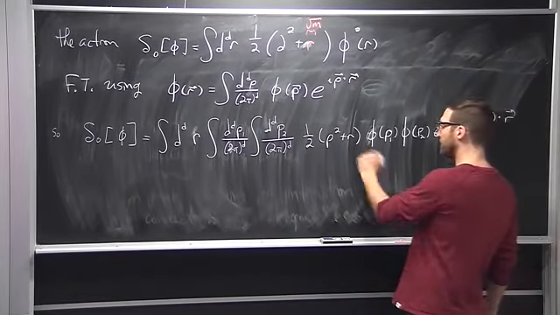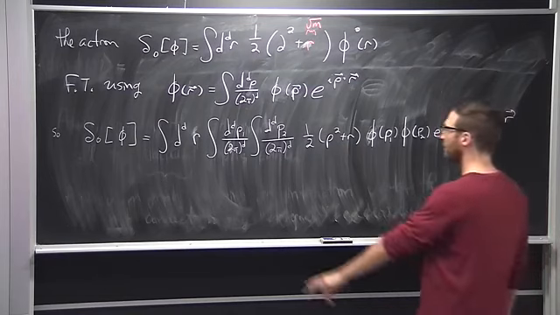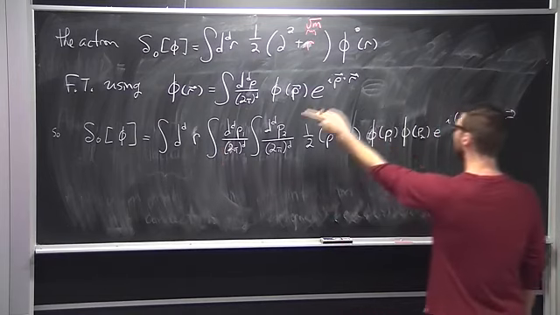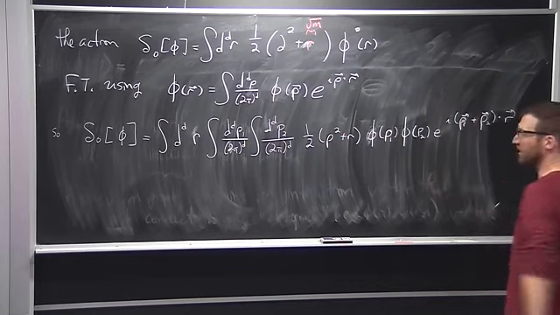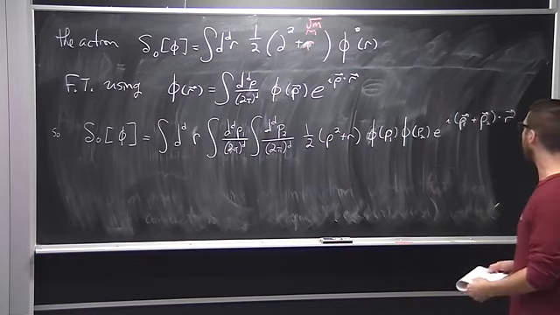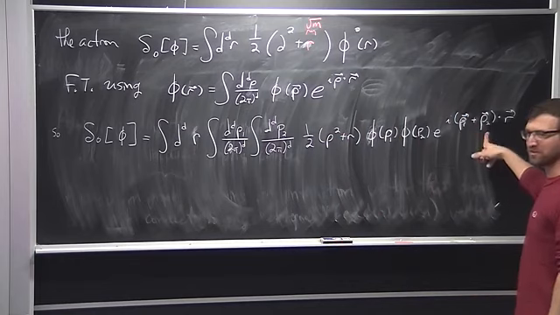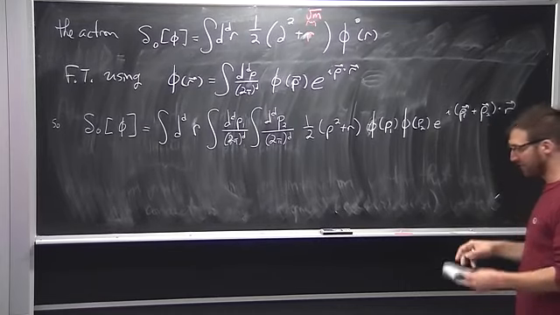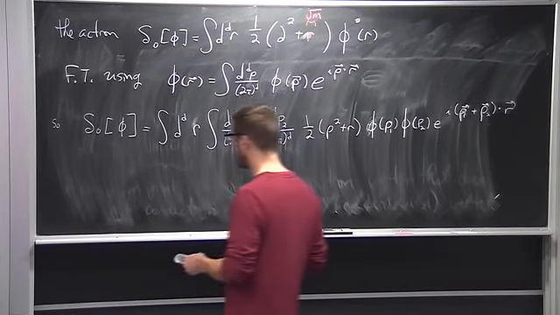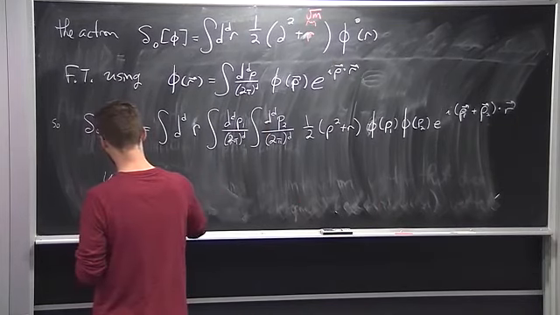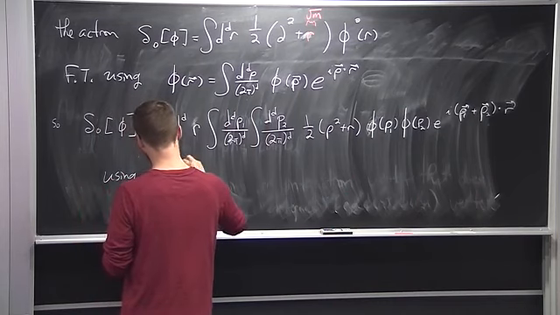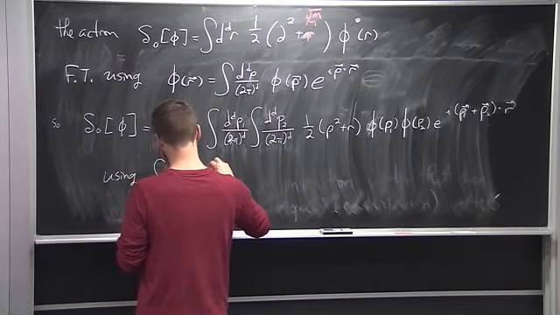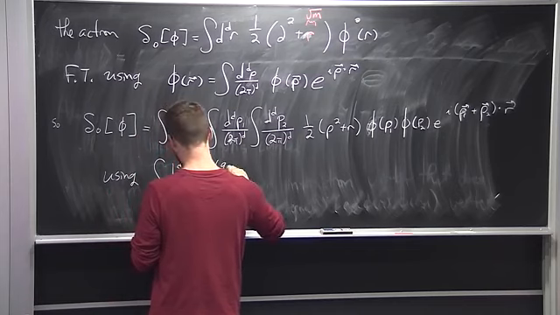Okay, this is the important piece here. And then we have an integral over R, which gives us a delta function. And it makes P1 plus P2 equals 0, which is important in a minute. Because these delta functions define the momentum conservation laws.